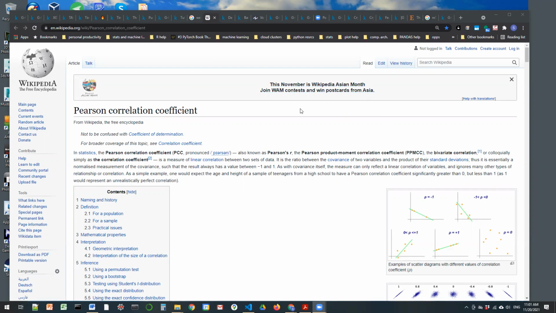And what I'm sharing, if not, I'm sharing the wrong window, so I need to switch. Can you folks see my screen yet? Yes. Okay. And you can see the Pearson correlation coefficient Wikipedia page? Yeah. Okay.